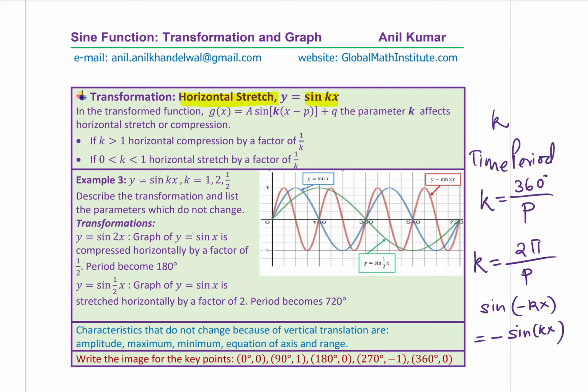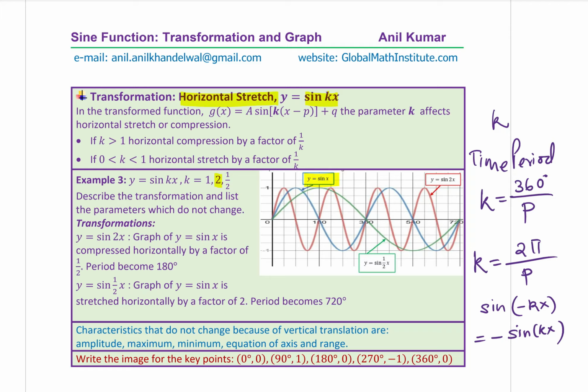Now here is an example: y equals sine kx. The k values are 1, 2, and half. For the three values, we have already drawn the graph here. The blue graph is for the default parent function y equals sine x. Now if the value is 2, that means we'll have two sine waves within the interval 0 to 360.